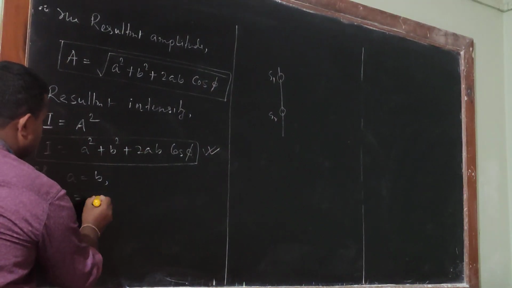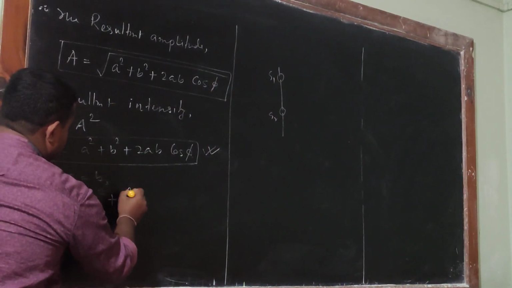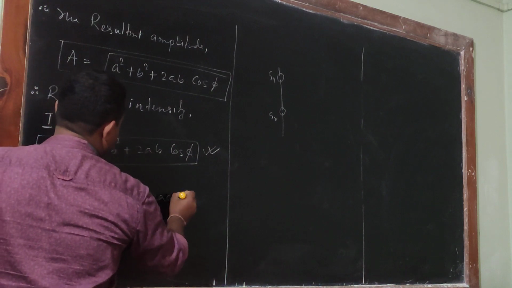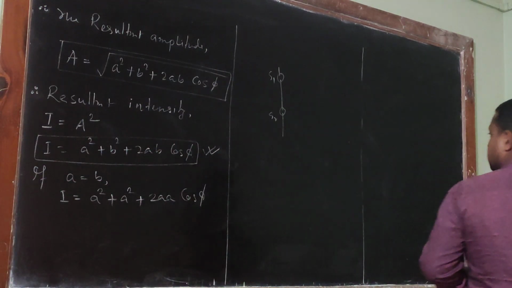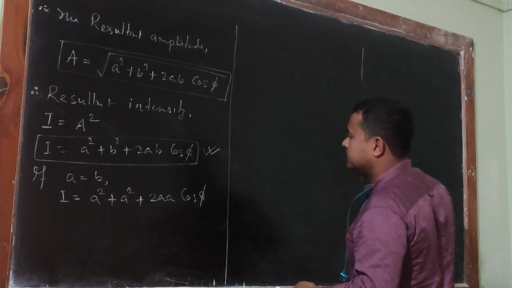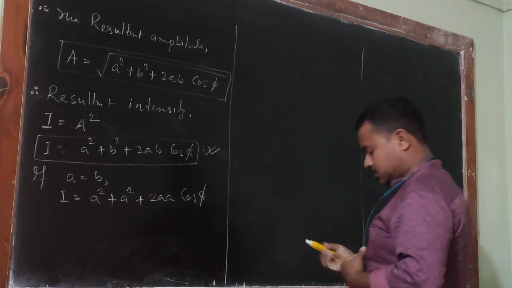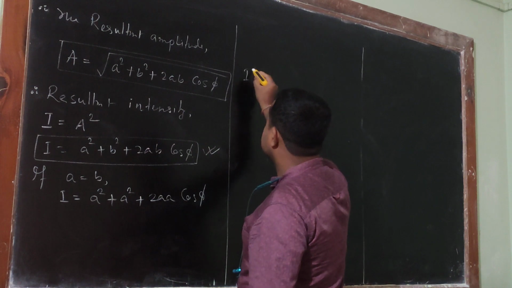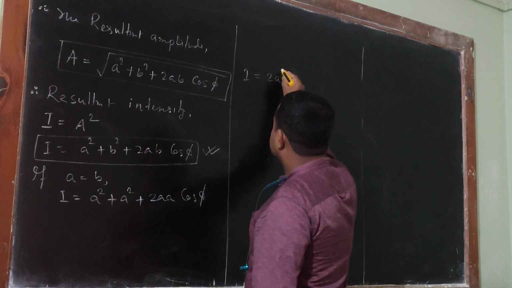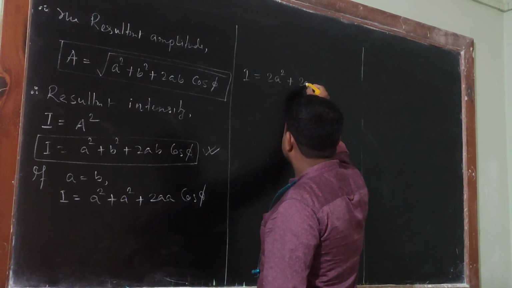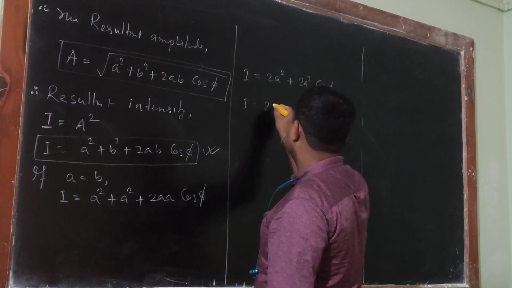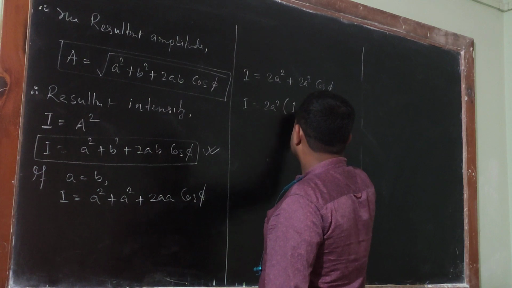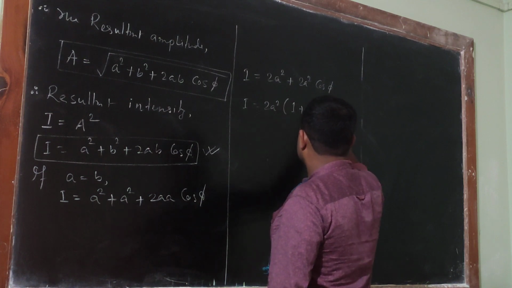I is equal to A square plus A square plus 2A into A cos phi. So in that case, it will be I is equal to 2A square plus 2A square cos phi. So you take 2A square common, 1 plus cos phi. So this is the formula, okay?